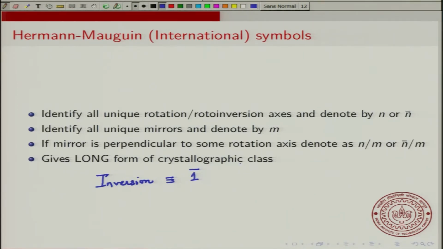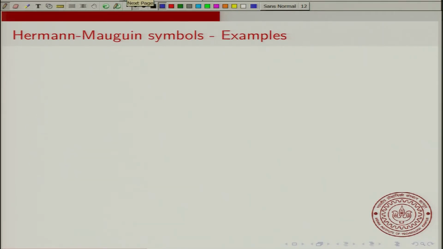Now let us look at some examples. We will take some very simple examples that will tell you how to do this. First let me take a rectangular block, and I will just show it like this. A perfect rectangular block.